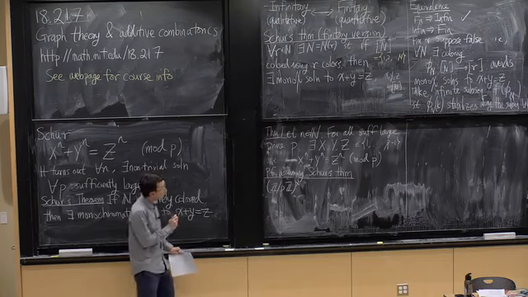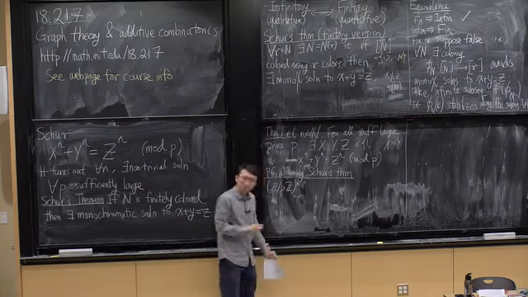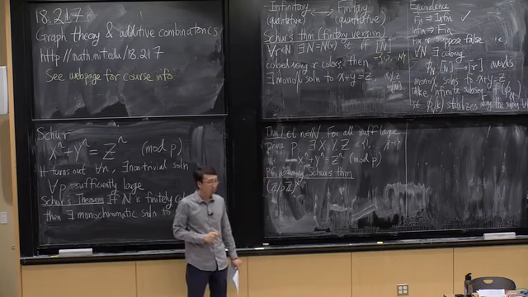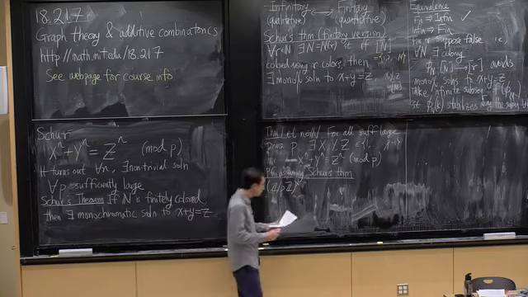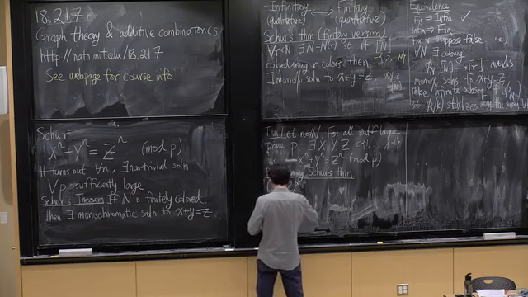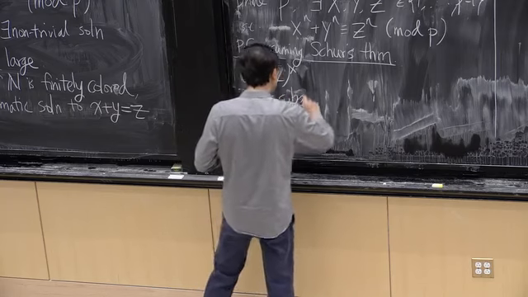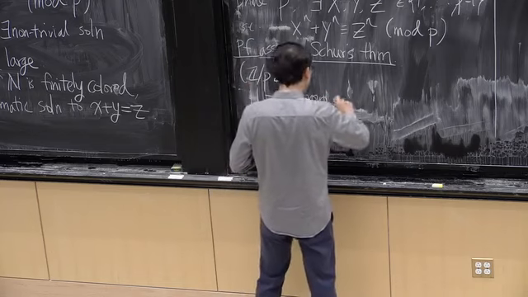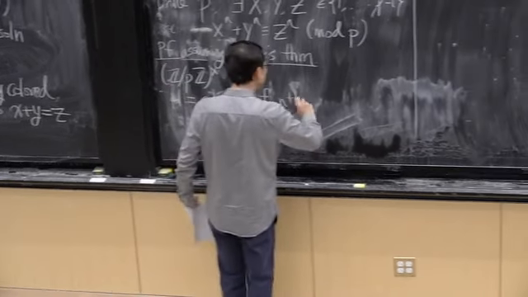We know it's a cyclic group because there's a primitive root generator. Let H denote the subgroup of nth powers.